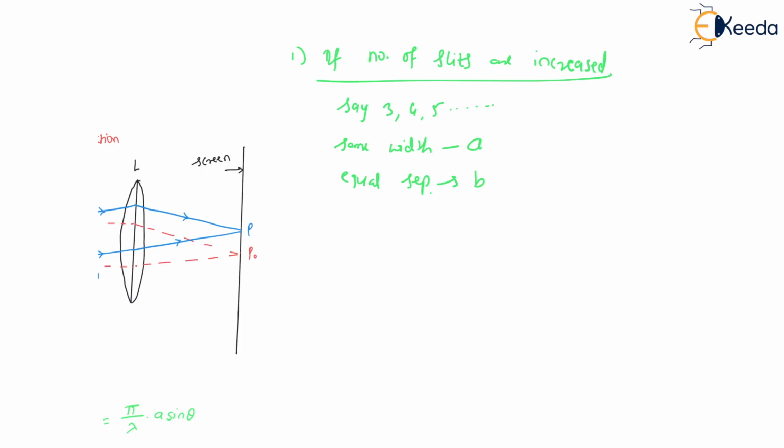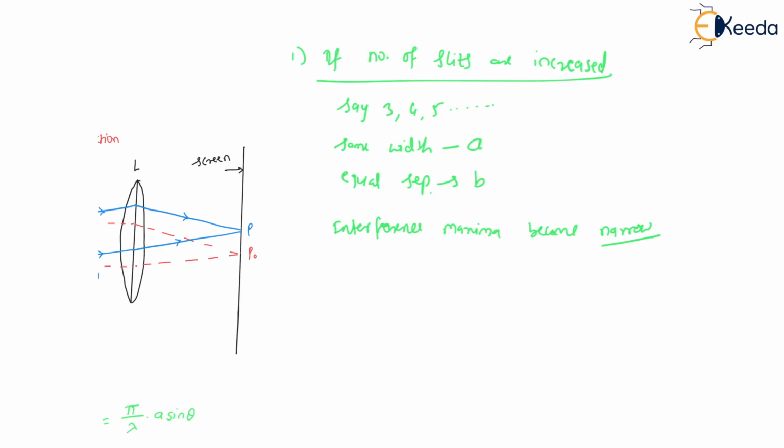It is found that if we increase the number of slits, then the interference maxima become narrow.